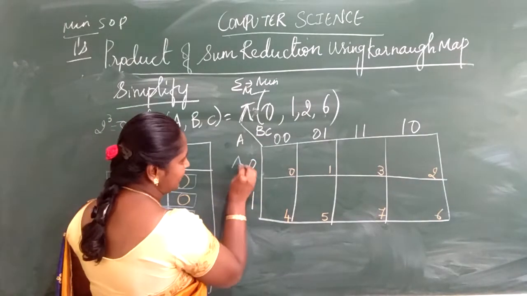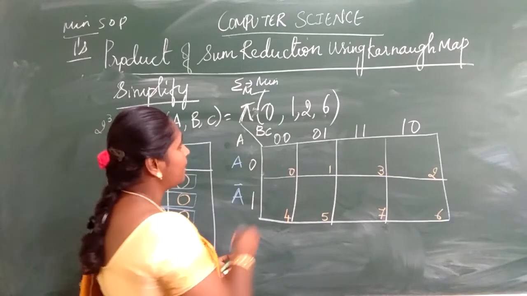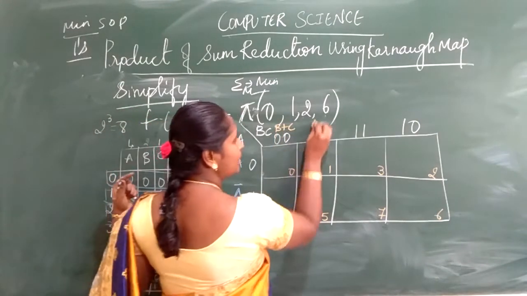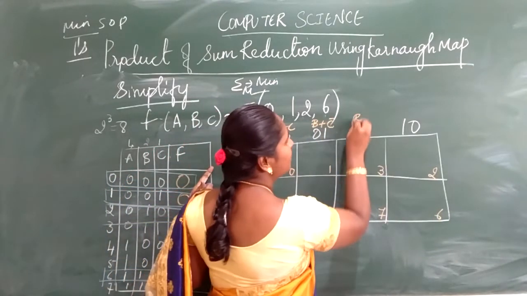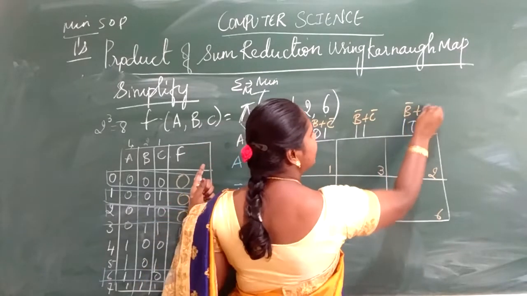For a max term, 0 means as it is, 1 means complemented. So here A, B plus C, then B bar plus C bar, next B bar plus C.